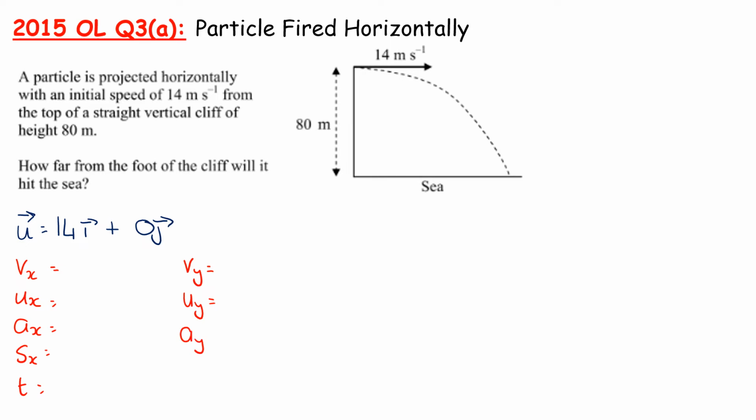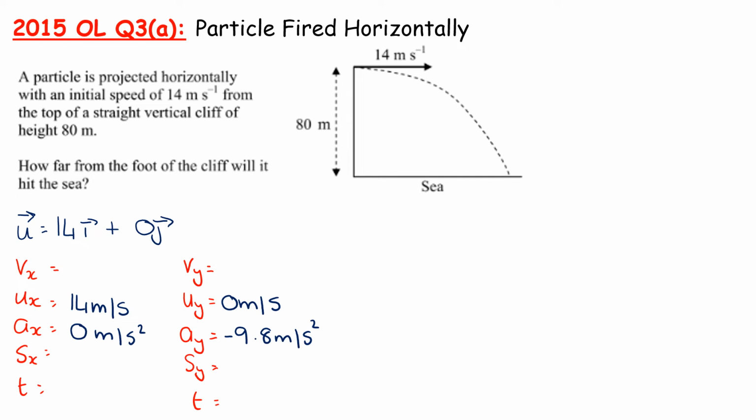And in a y direction, we have gravity, so that is going to change the velocity as it moves. So we have 14 meters per second here, 0 meters per second here. Our acceleration in an x direction is nothing. In the y direction it is minus 9.8 meters per second squared.